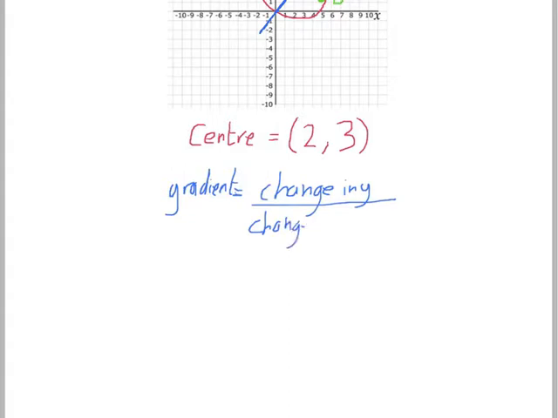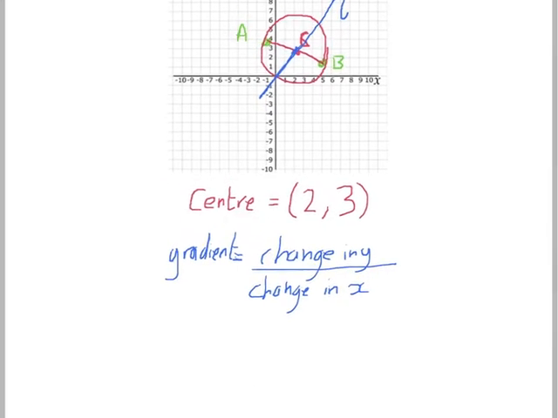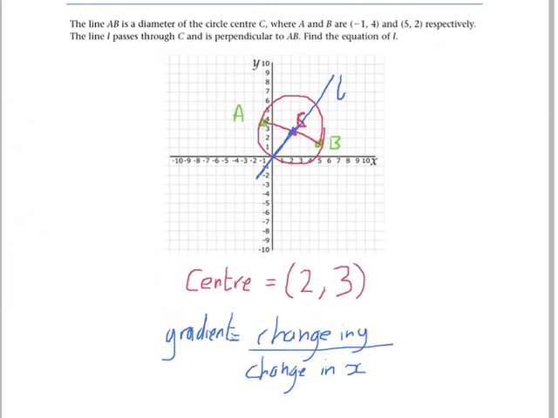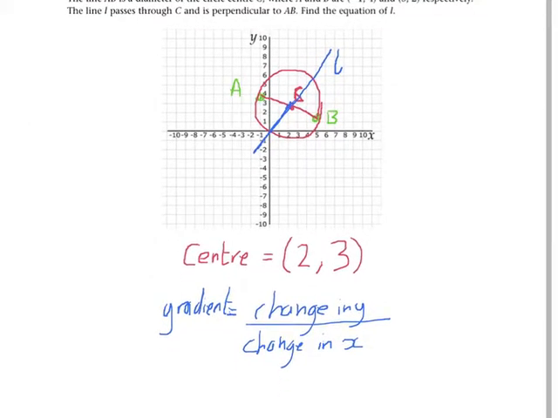So let's use our two points to find the gradient of the line AB. The two coordinates we know are (-1, 4) and (5, 2).